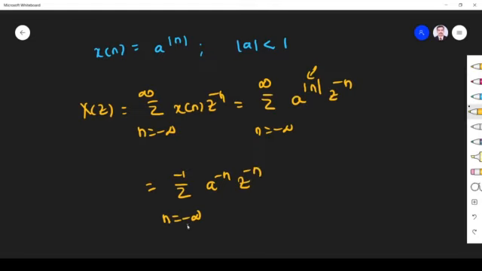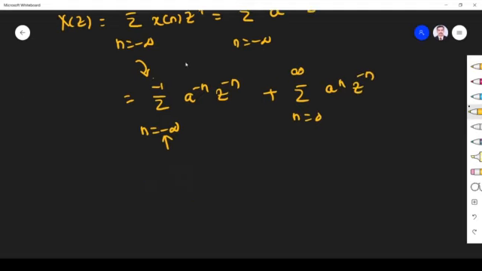And n also takes positive values, n goes from 0 to infinity, a power n z power minus n.